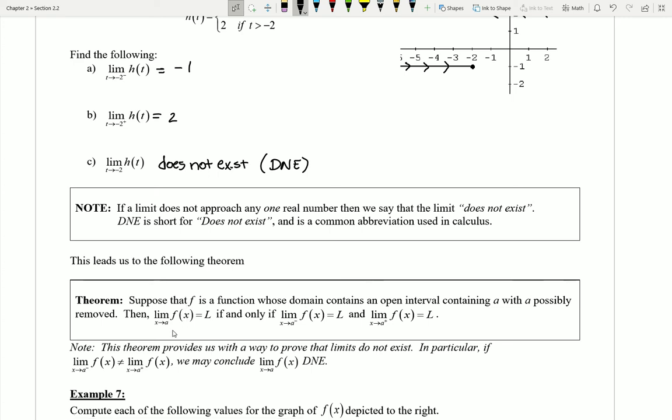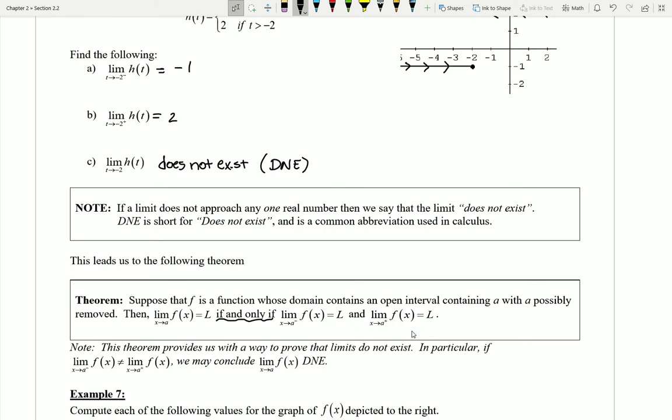If it's the case that the limit of the function is L, that can be true if and only if, and this right here is a big logical phrase we'll talk about more in just a moment, but this means that if I find that a limit is equal to something, then that means that the limit from the left side and the limit from the right side also have to equal the same value.